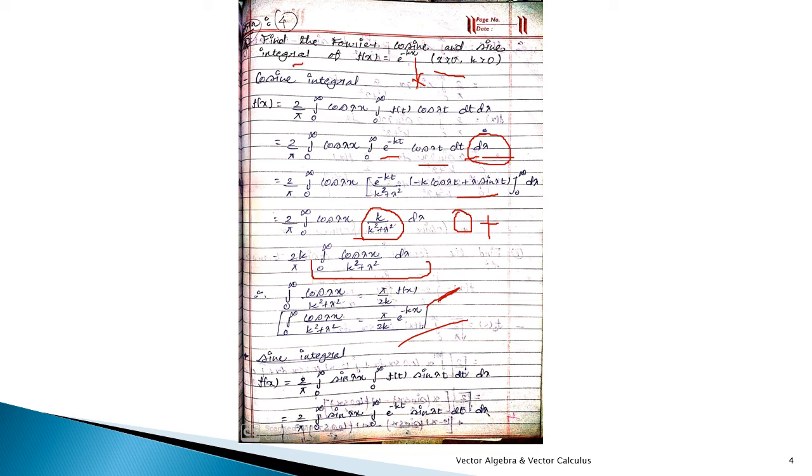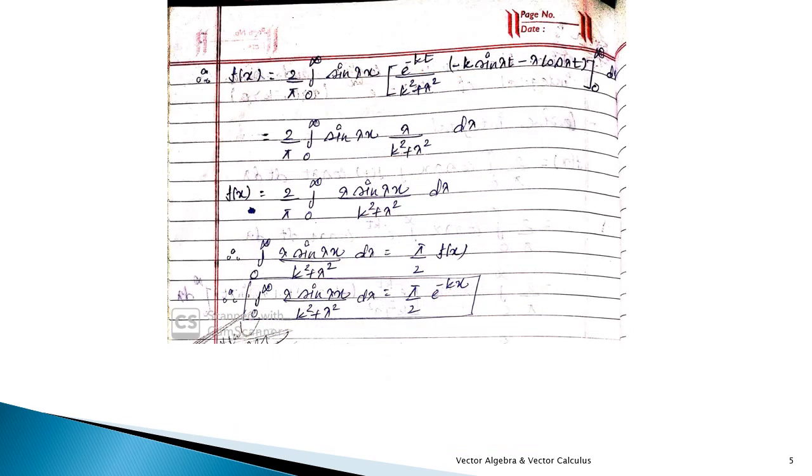Now the same you have to apply for the sine integral. The formula will change here: where there is cos, there will be sine. This part you will do on your own, I'm just giving its overview. Here the formula is exponential into sine, and of course you know the formula for exponential into sine also, I have written it over here.